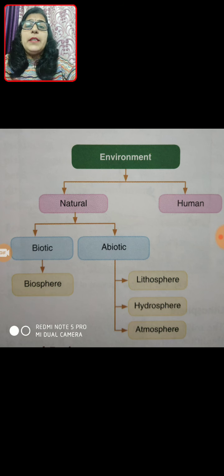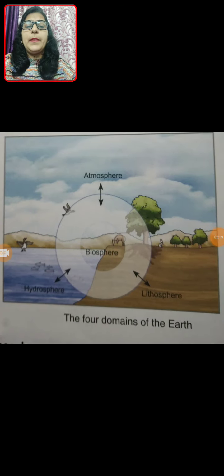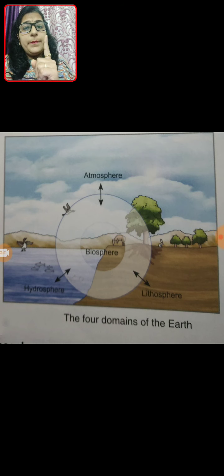Students, environment is our basic life support system because it provides the air we breathe, the water we drink, the food we eat, and the land where we live. Now the next is 4 domains of the earth: lithosphere, hydrosphere, atmosphere, and biosphere.